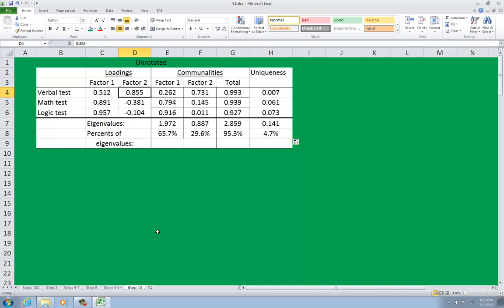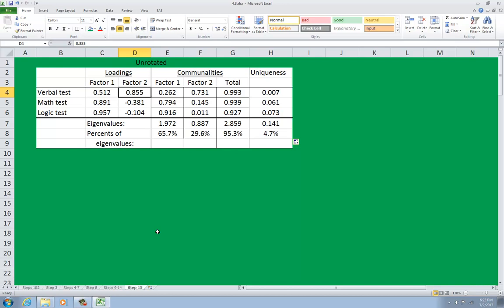Now your textbook, on, I believe it's page 163, shows a vector plot of the data, and you can see if you rotate it about 24 degrees, factor 1 coincides very closely with math test, and factor 2 very closely with the verbal test. So we could call factor 1 a quantitative ability factor and factor 2 a verbal intelligence factor.